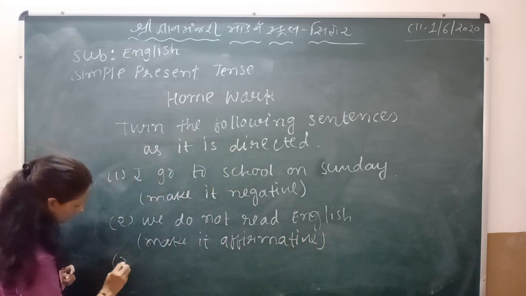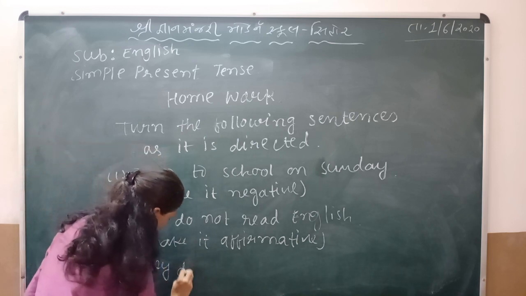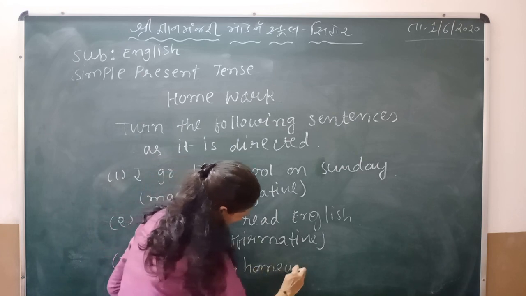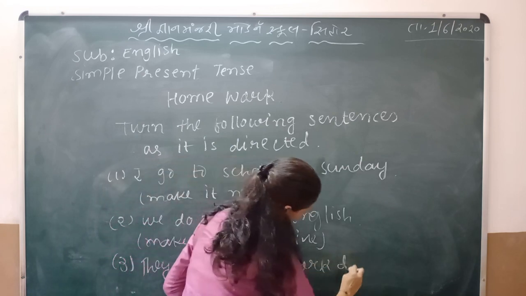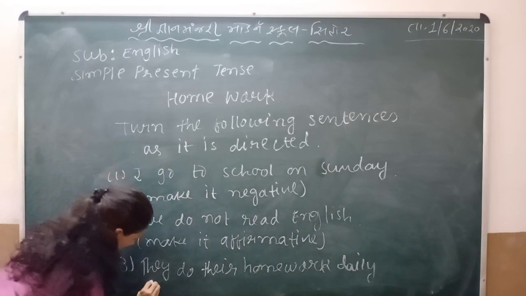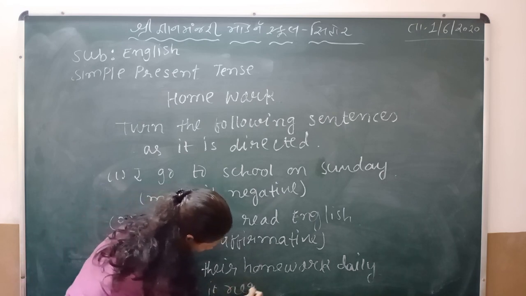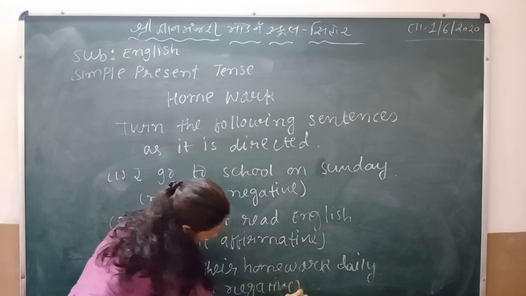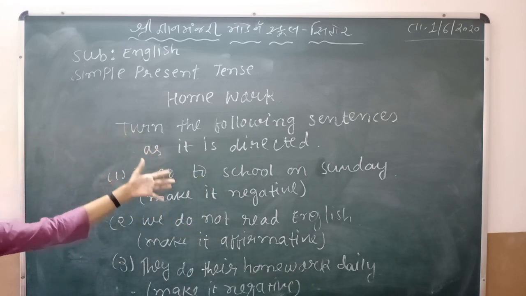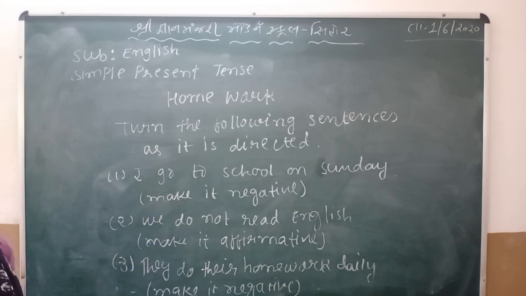Next is, they do their homework daily, and the instruction is, as you know, you have to make this sentence negative. So these three sentences are for your homework. You have to make negative, affirmative and negative sentences. You have to turn these sentences as directed.